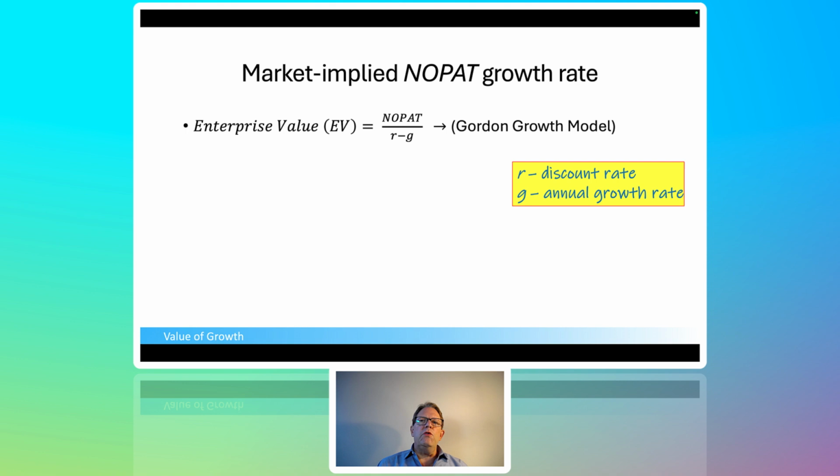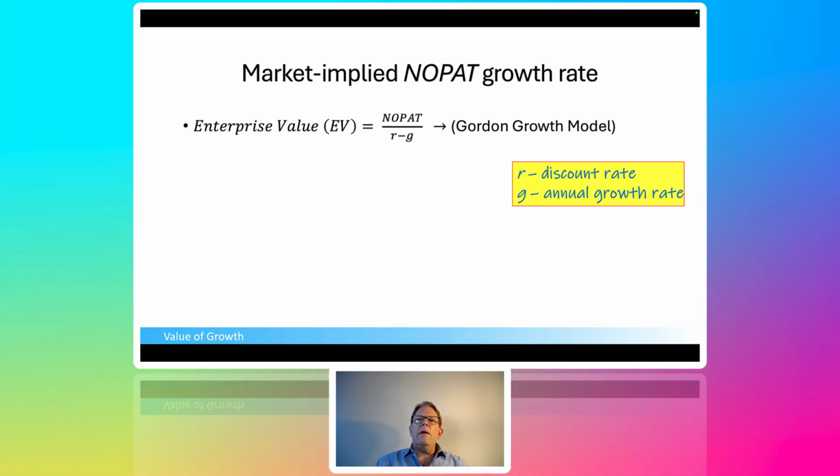I almost always use the current run rate or this year's forecast, but whatever you want, and then divide that by R minus G. For the math inclined, G cannot be greater than R. I tend to think of the cost of capital as somewhere between 8 and 10% for most companies, with some exceptions higher than 10. Therefore, that would imply the growth rate cannot be higher than 8 to 10. And yes, that is a constraint of this model.